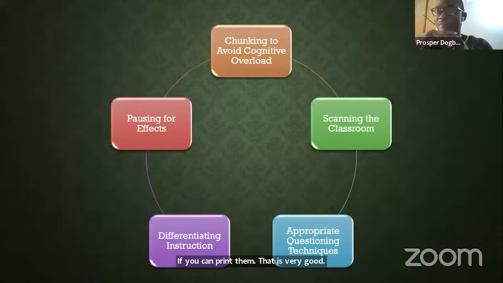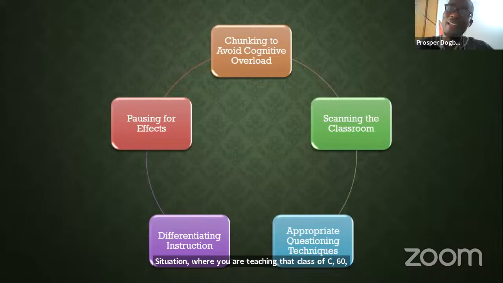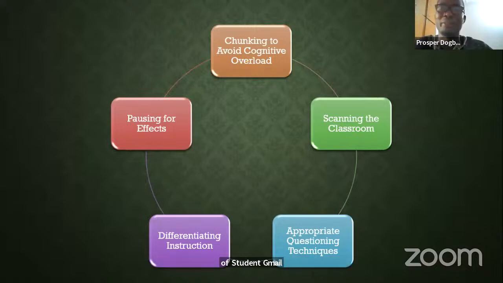But taking Ghana, a situation where you are teaching a class of, say, 60, how can you do it? So possibly what we do is know the various categories of students you have in your class. Know those who are below average, those who are average, and those who are above average.